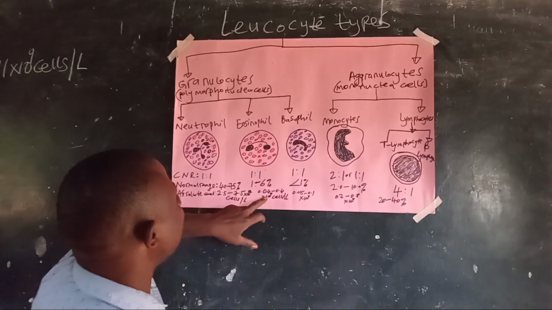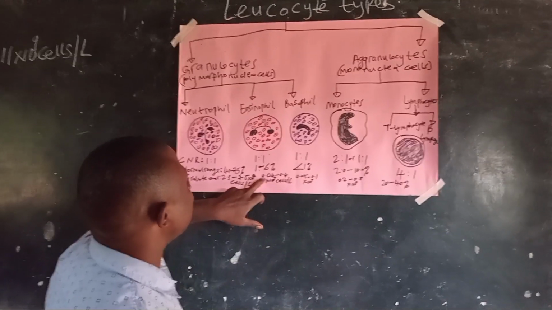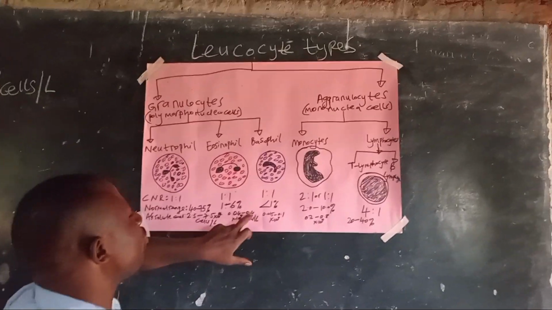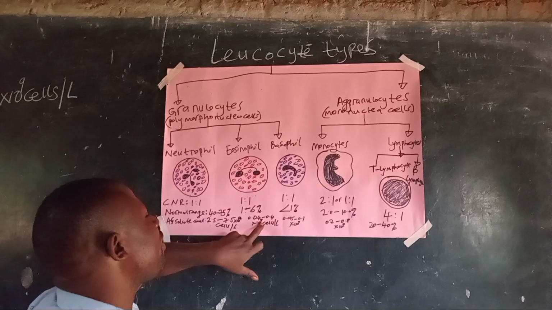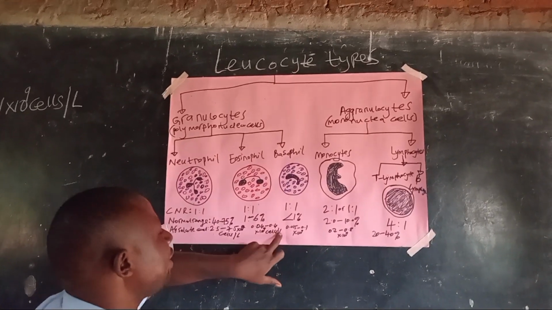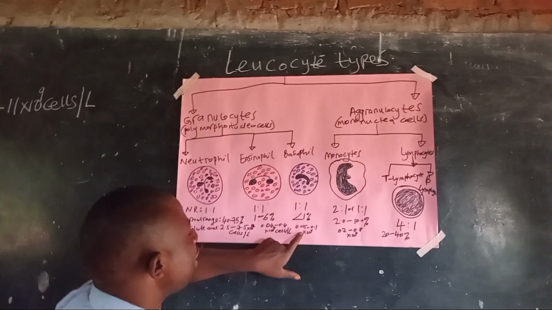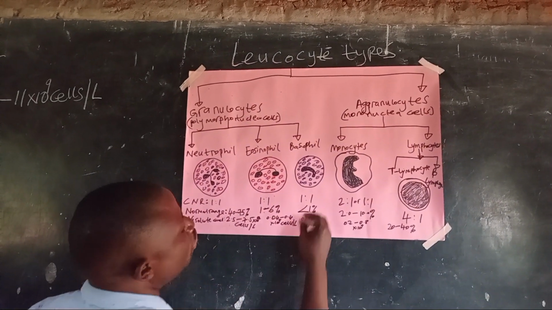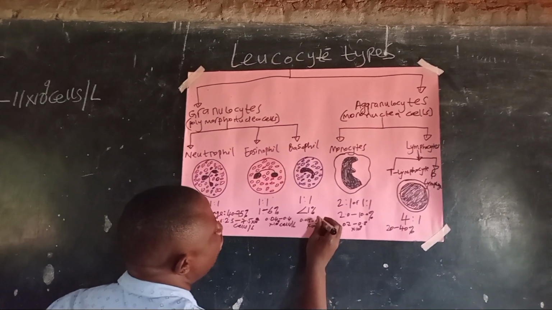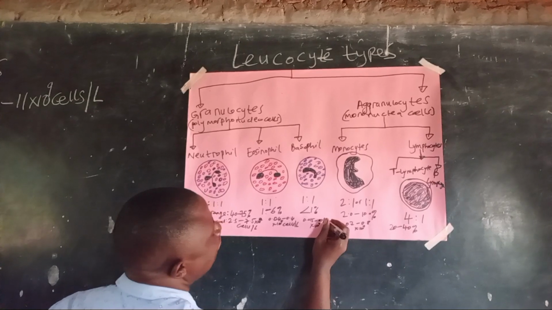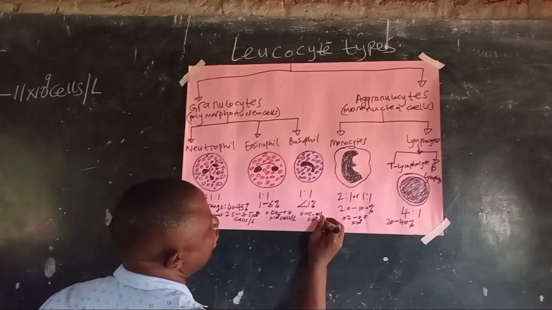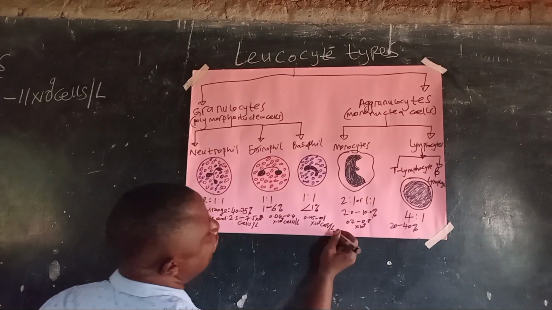Then absolute count here is 0.04 to 0.4 times 10 power 9 cells per liter. Absolute count here is between 0.015 to 0.1 times 10 power 9 cells per liter.